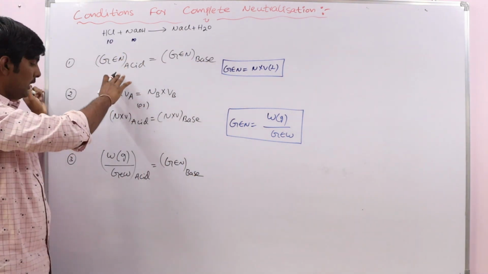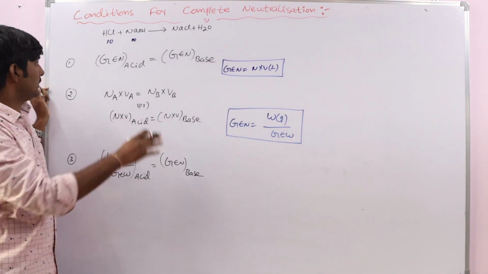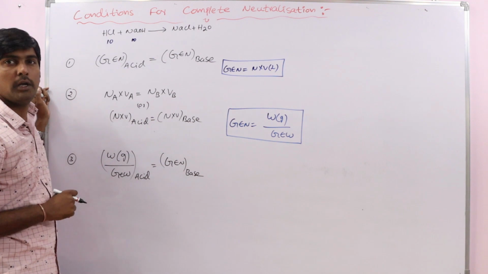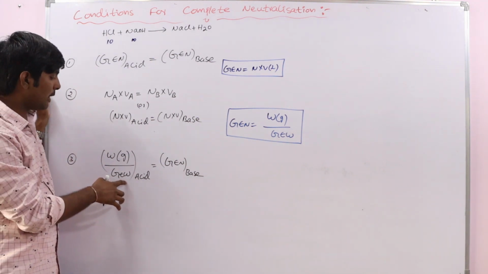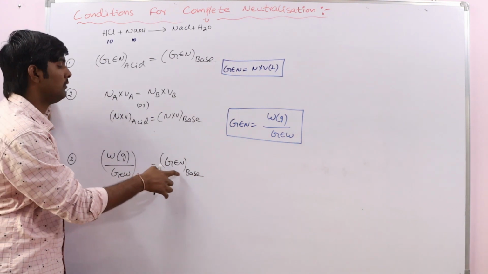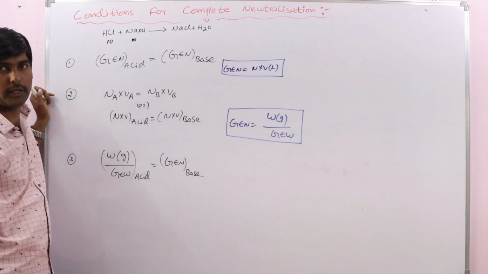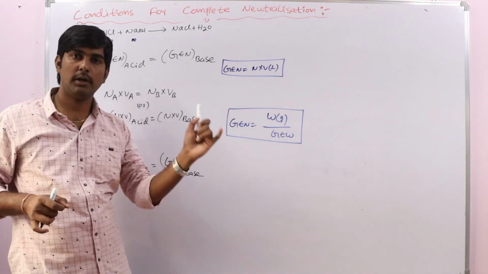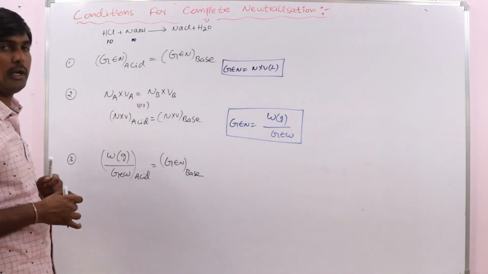Suppose for the acid they didn't provide the number of equivalents directly, they have provided the weight. Okay, we can calculate gram equivalent weight. So weight by gram equivalent weight of acid equals gram equivalents of base. Understood? Depending upon the provided information we can write different types of relations.